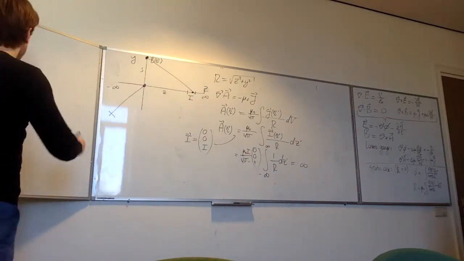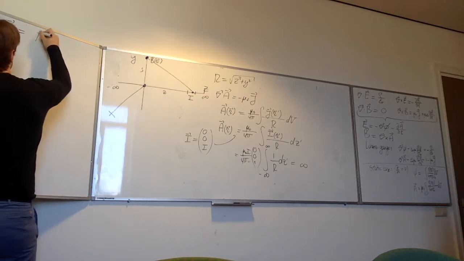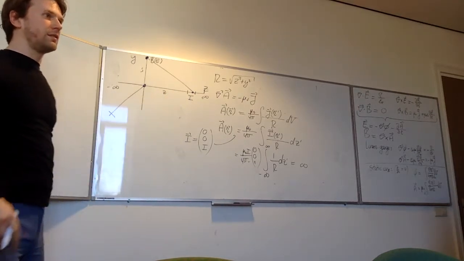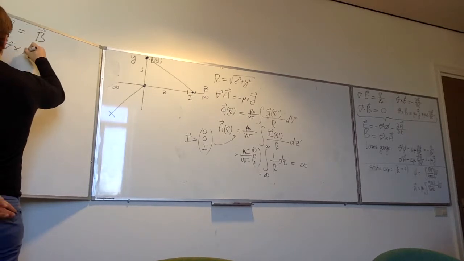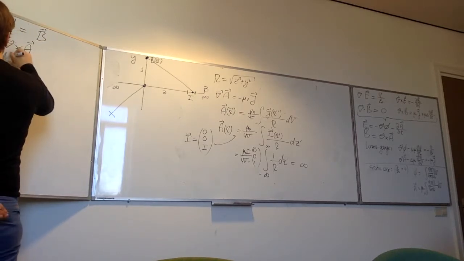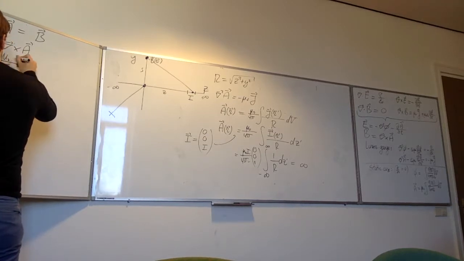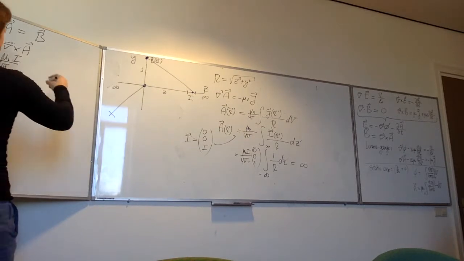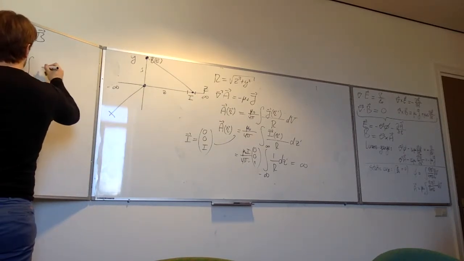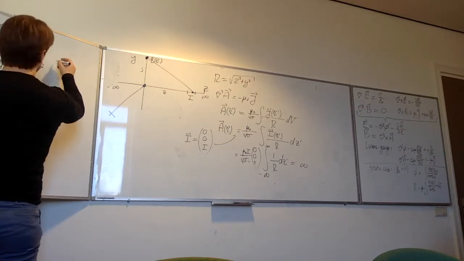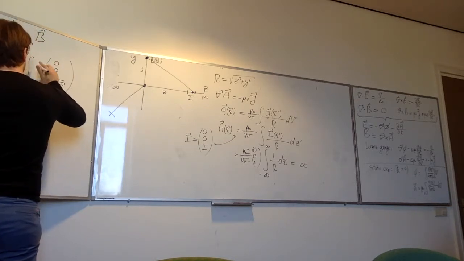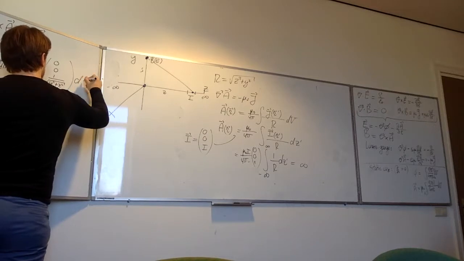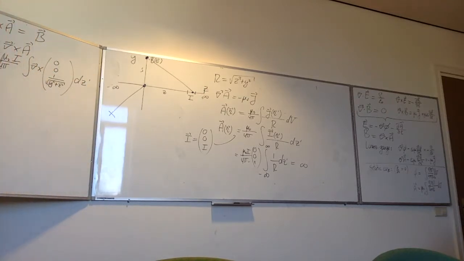The unintegrated form is infinity, but pretending that we're not seeing it, we just have to take the curl of that thing. Agreed?